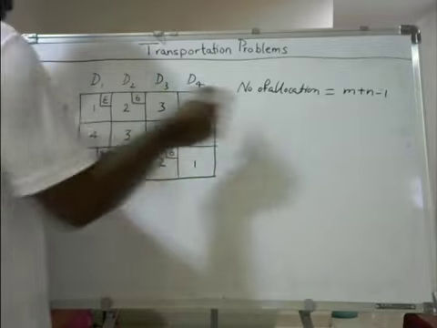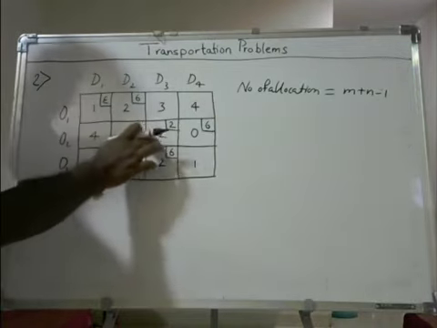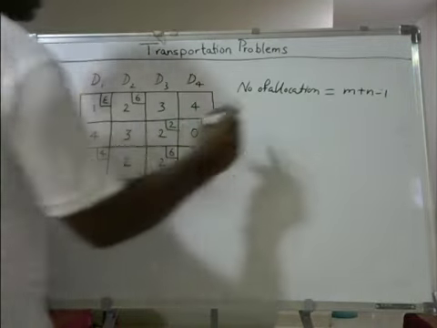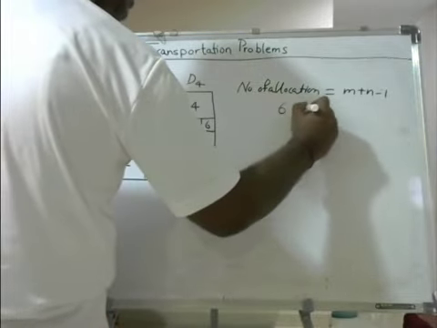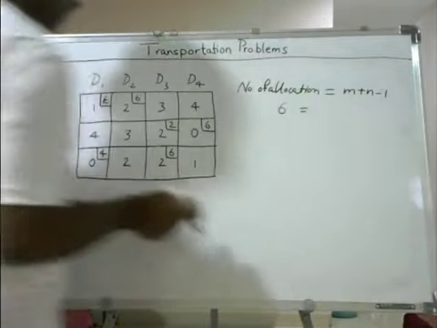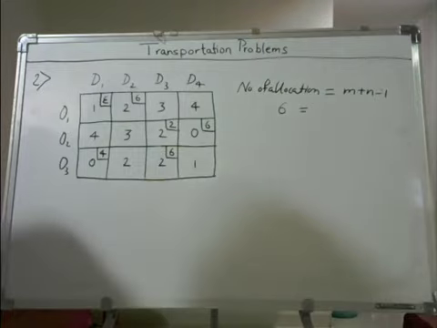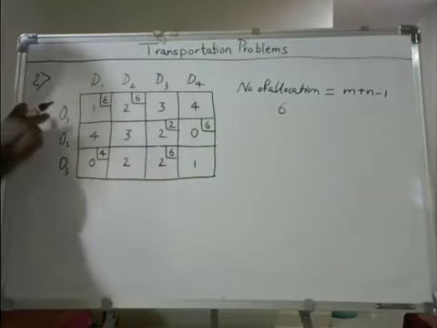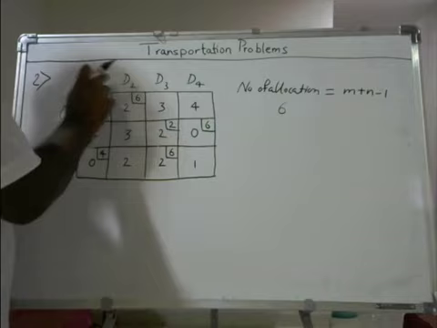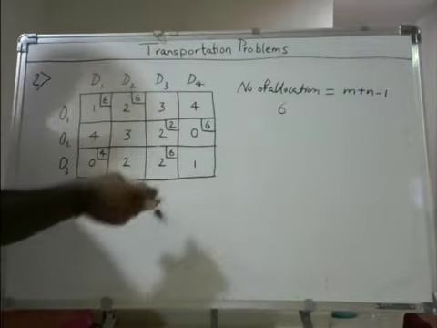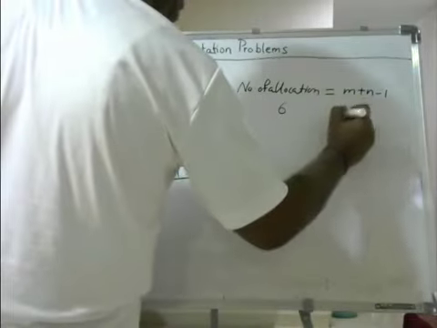So number of allocations, how many do you have? 1, 2, 3, 4, 5 and 6. So 6 allocations. Now let us see m plus n minus 1. So 3 plus 4, that is 7. 7 minus 1 is 6. So m plus n minus 1 is also 6.